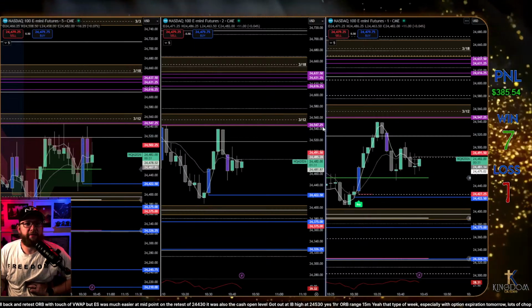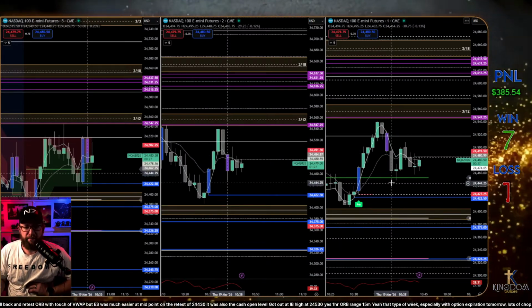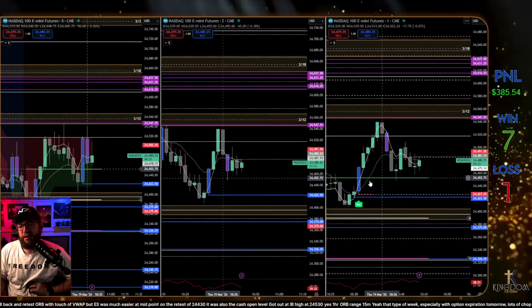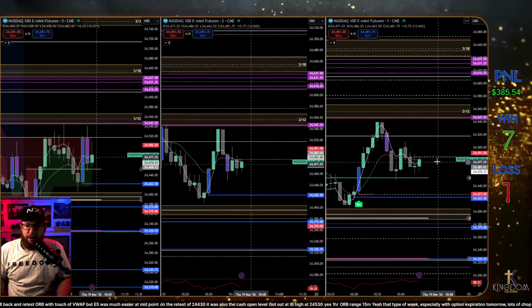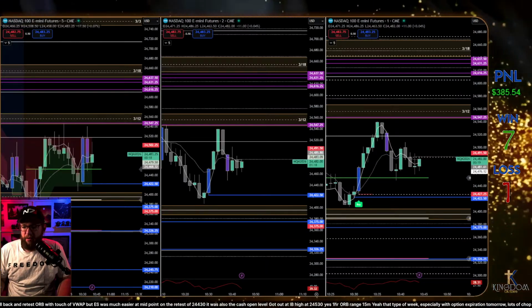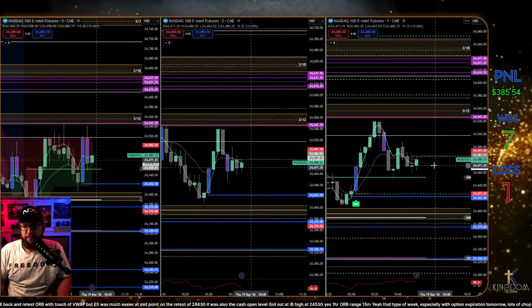All right, we're hovering that top side of ORB, man. We're just hovering it. On SPX and on NQ, they're actually pretty close. We're slowing down too. This price action is getting tighter.